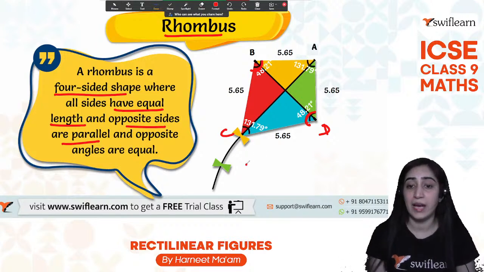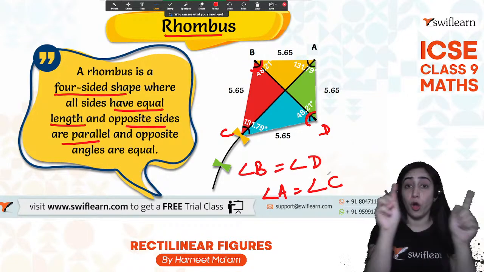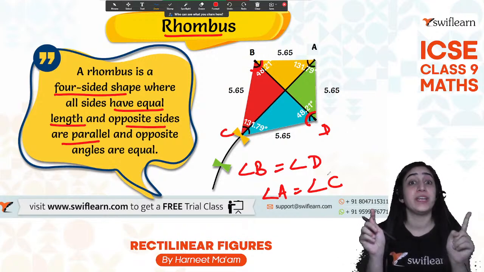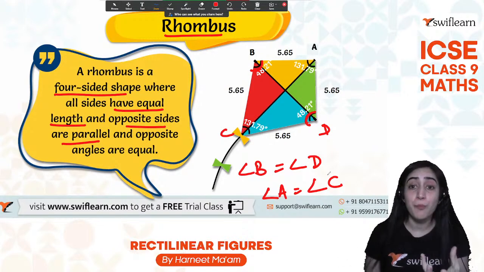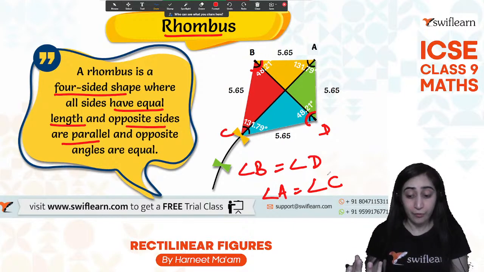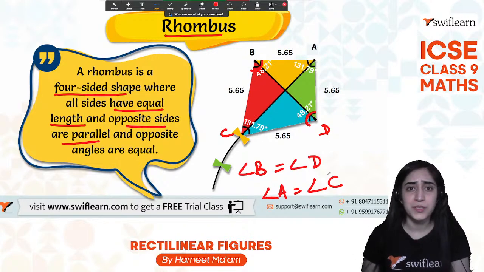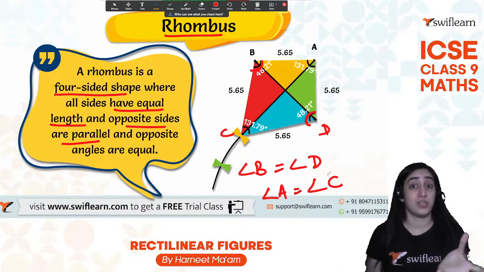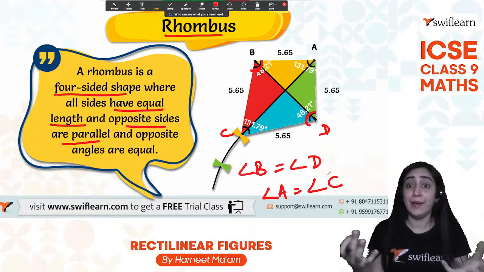But are all angles equal? No, they aren't. That is the difference between a rhombus and a square. Now if I give you a question, can a square be called a rhombus? Yes, partially yes, because the four sides are equal and they are parallel.